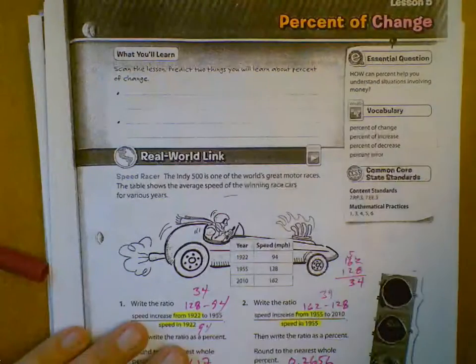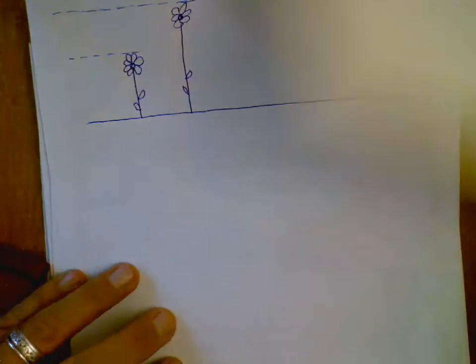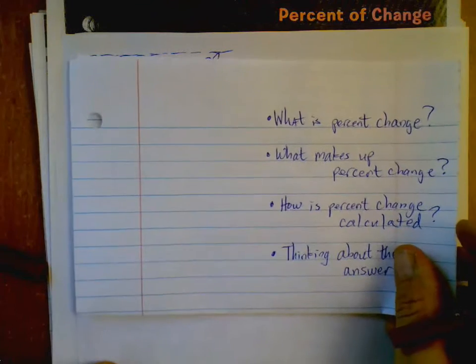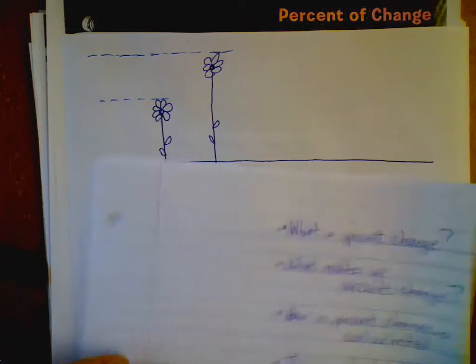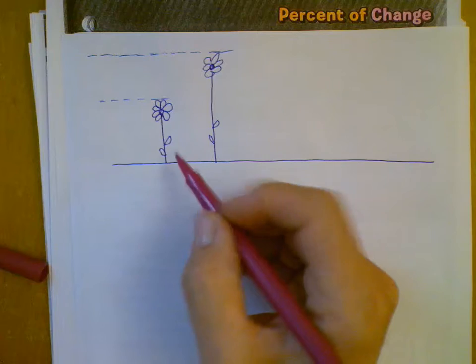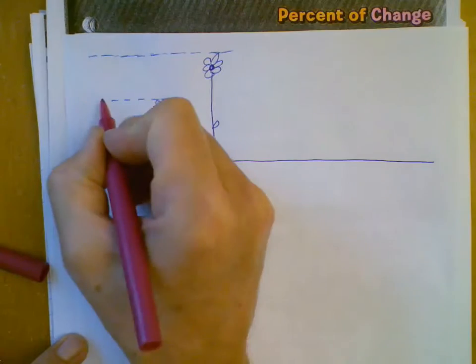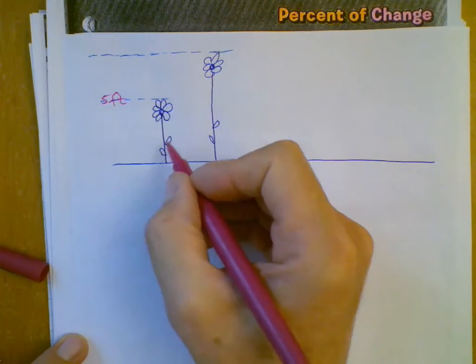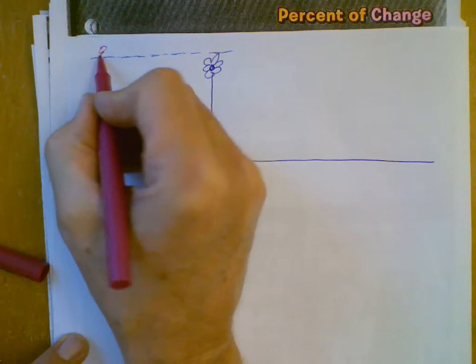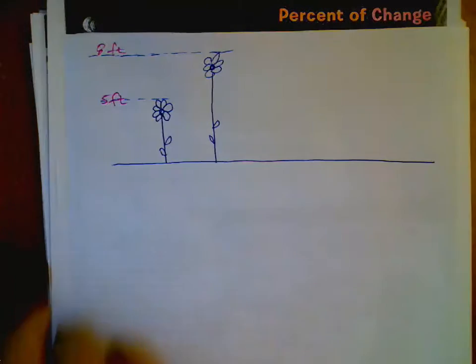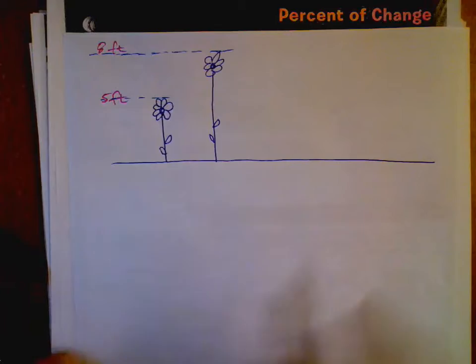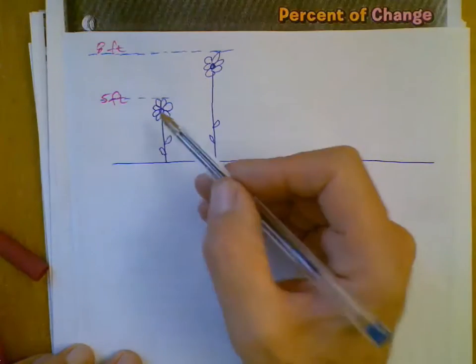Let's look at it another way. What is percent change? We had a flower, and it started at 5 feet and grew to 8 feet. And we asked the question, what is the percent change of the flower from 5 feet to 8 feet?